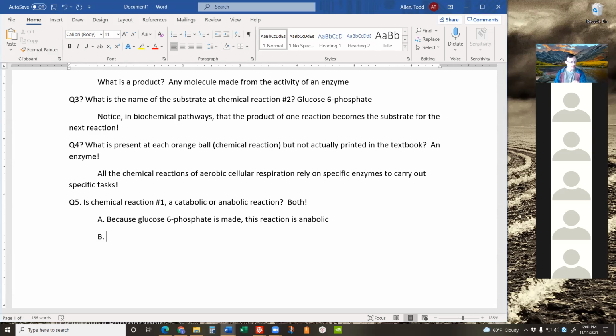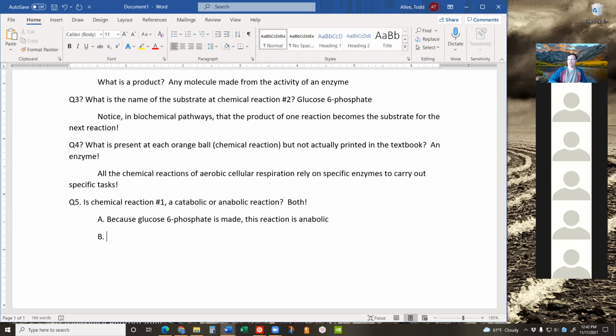The same enzyme is grabbing onto, so if my hand is the enzyme, my red pen could be glucose and my blue pen could be ATP. So the enzyme is grabbing onto 2 molecules, which are effectively both substrates at that moment, ATP and glucose, and doing some chemical gymnastics to rip a phosphate atom off the ATP and stick it on the glucose.